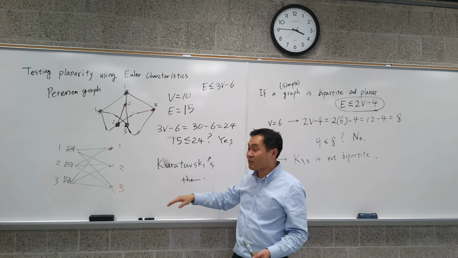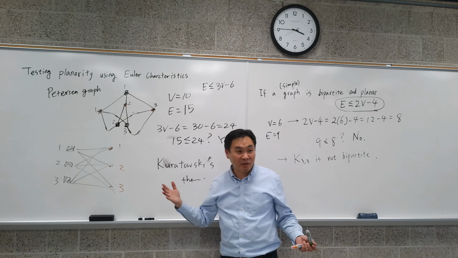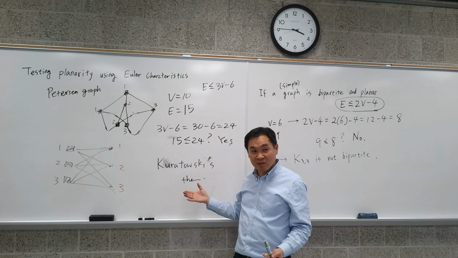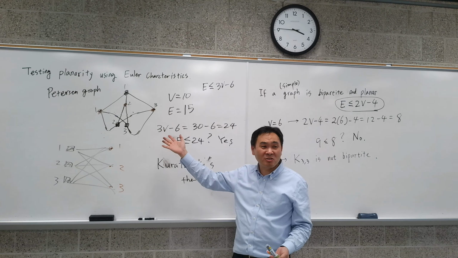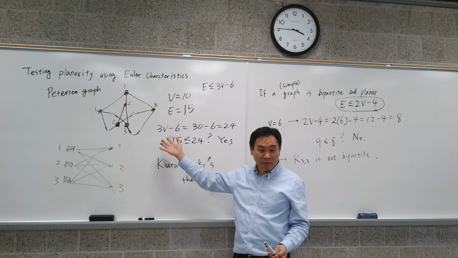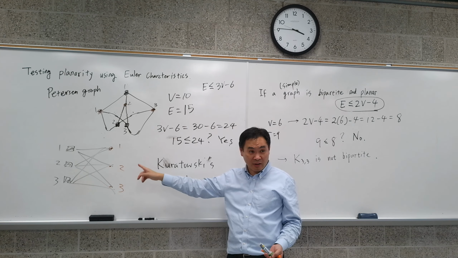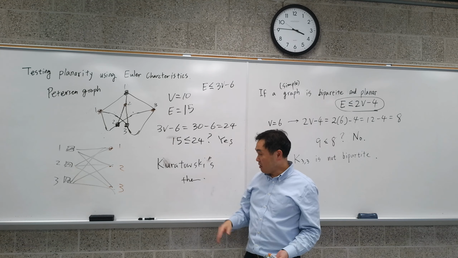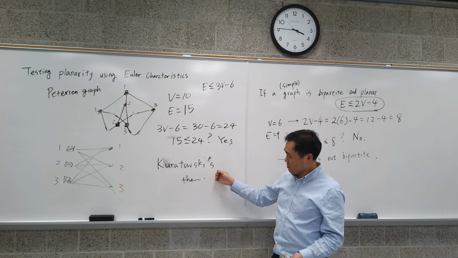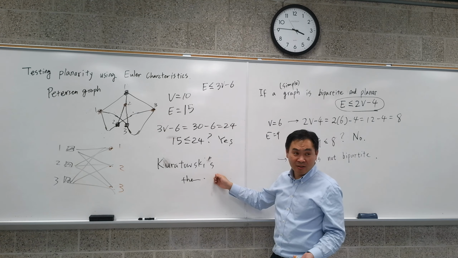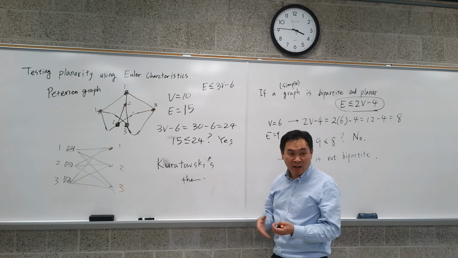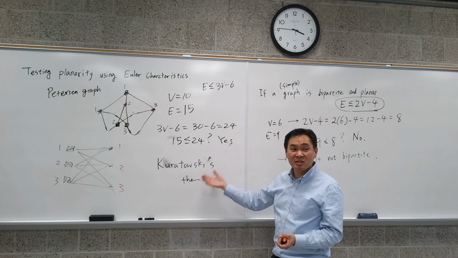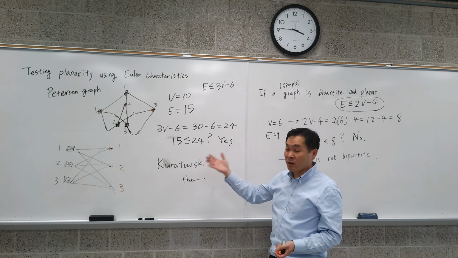If it doesn't have any of those, then it is planar. That's Kuratowski's theorem, but it's really hard to see a subgraph that looks like K33 or K5. It's not so easy. So even with this theorem at hand, it's not easy to write an algorithm that easily shows you whether a graph is planar or not.